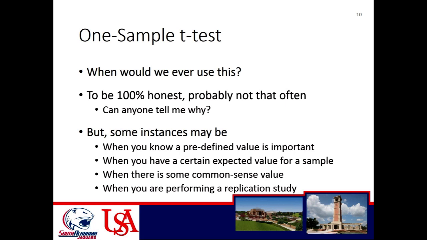So you could do a one sample t-test to see, are your results significantly different than what that other person found? So those are some examples. That's why we need to learn a one sample t-test: some of y'all in this class might come across instances in the future where you will need to do this. So there you go, we do need to learn it.